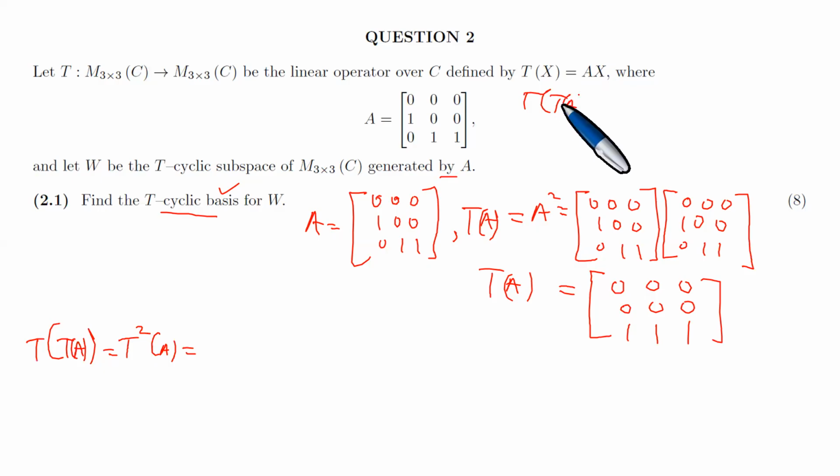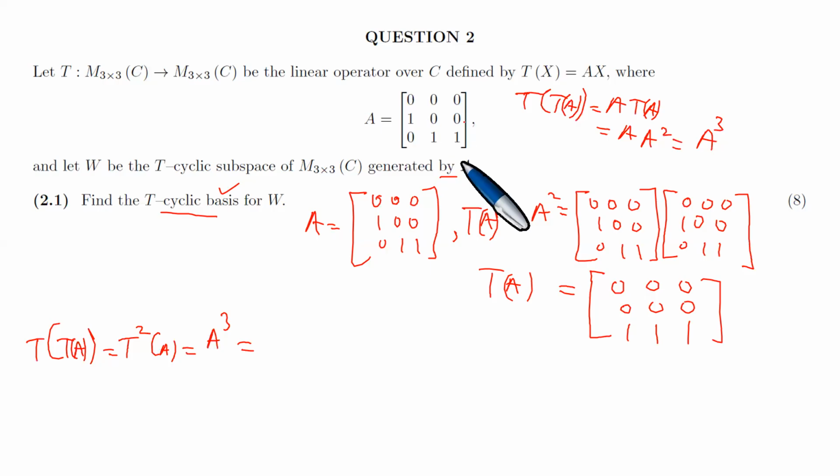And what did we get TA to be? A squared. So T of TA is A cubed. We're just learning how to generate a T-cyclic basis, a concept that is very important in this module. So after having found this, we cube the matrix A.